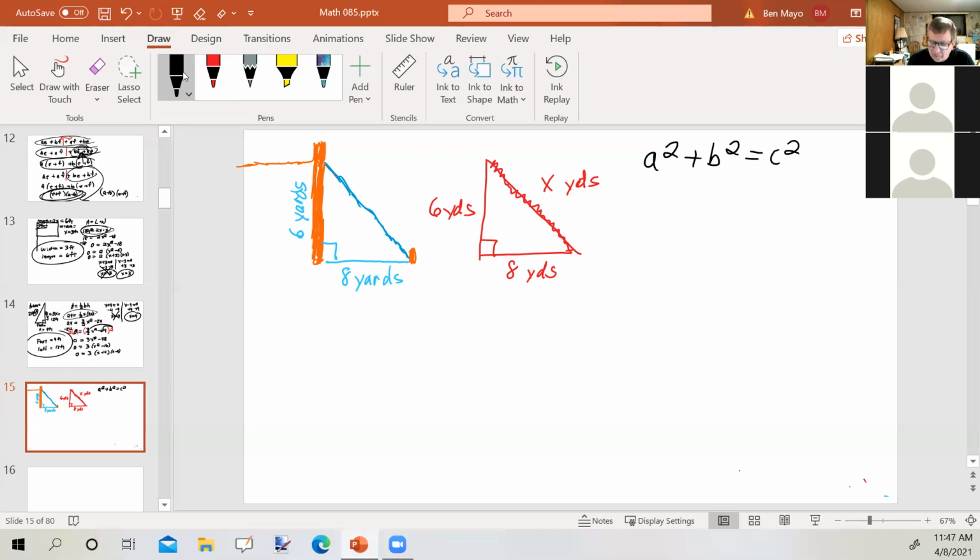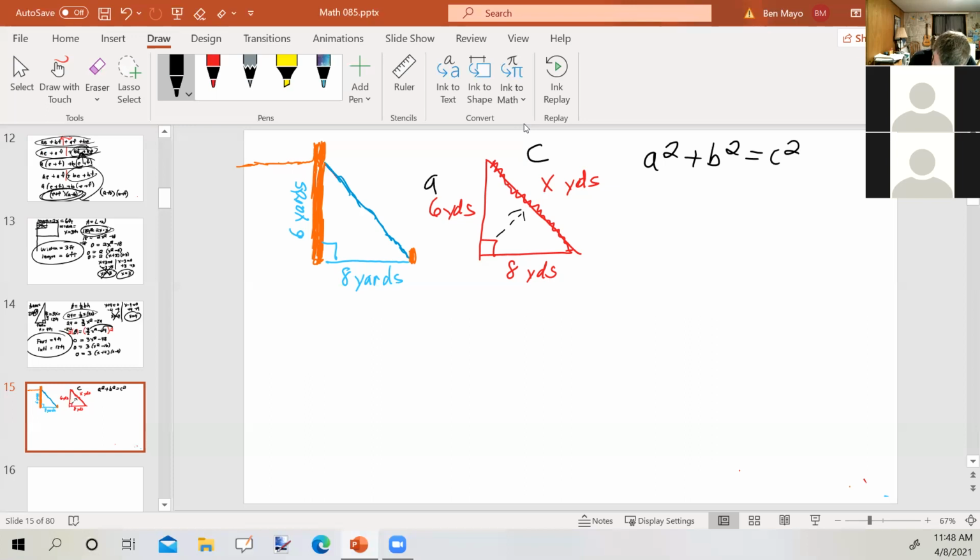I didn't make that up, okay? And C is always the longest side. Can you see that the side we're trying to find, X, that is the longest side. In fact, it's across from the right angle. So this is going to be C. It's called the hypotenuse. The other two sides are referred to as the legs of the triangle.